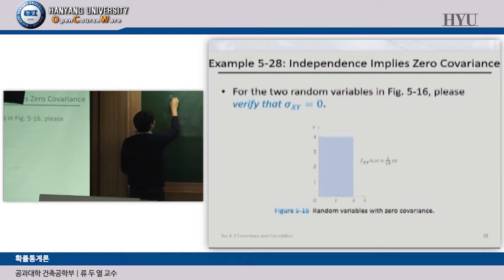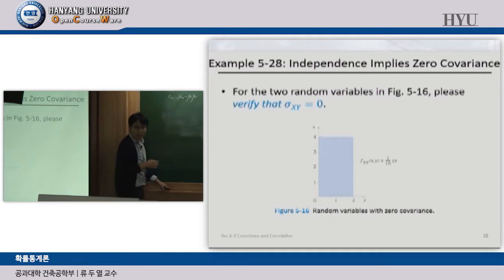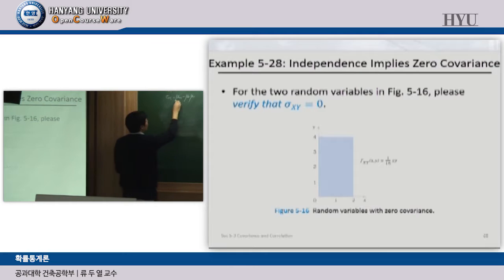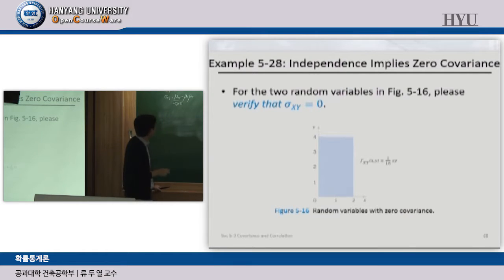So the sigma xy is equal to mu xy minus mu x by mu y. Okay? We have already learned, right? This is equal to E of XY, right? We have already learned. Please see your previous slide. So we need to calculate this term, and this term, okay, to verify this.